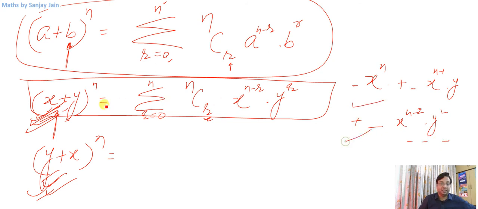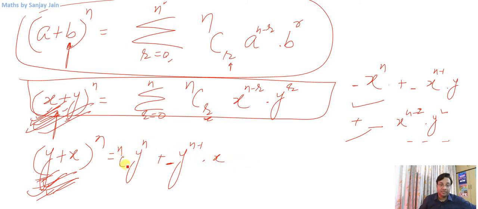This is the expansion that we write here, and when I write it like this, I'll expand from the end, or I'll start with giving all the powers to y. Then I'll write y raised to power n minus 1 into x with the relevant coefficient. We know what the coefficient is, but okay, let me write it, nC0, nC1. And then in the next term, I'll have y raised to power n minus 2 and x squared, and so on.